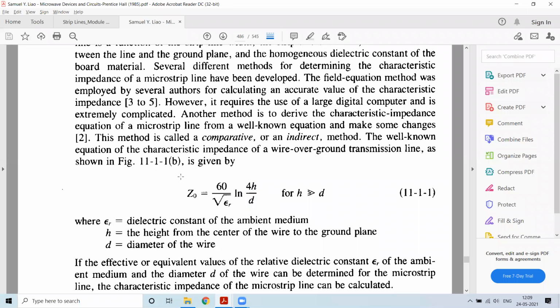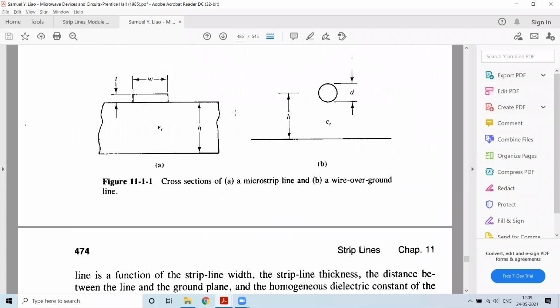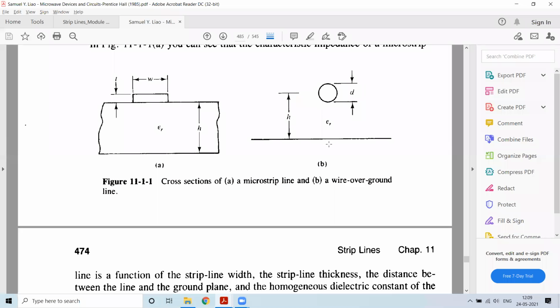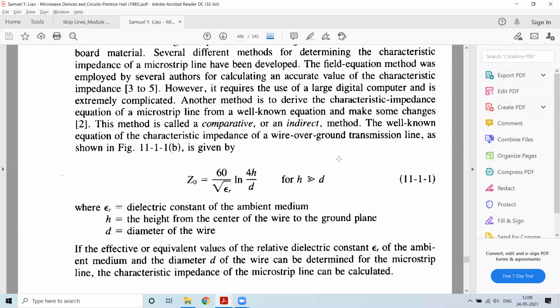When considering this equation, we have to see that h is much greater than the diameter d of the wire. This height is measured from the axis of the conductor to the ground plane. So this is what Z naught implies.